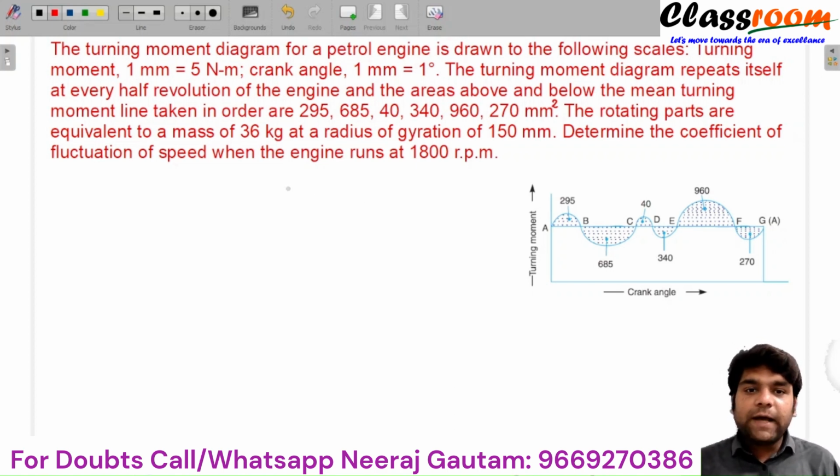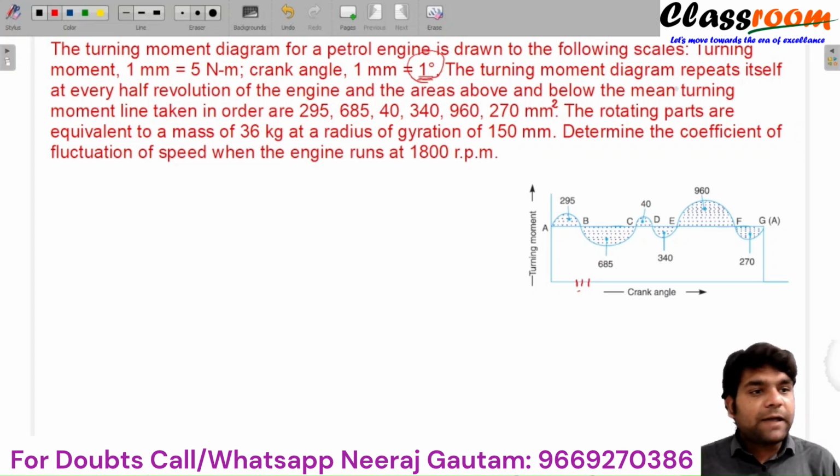The turning movement diagram for a petrol engine is drawn to the following scales. The turning movement scale is 1 mm equals 5 Newton meter, and the crank angle scale is such that when I move 1 mm on the crank angle axis, it is equivalent to a turning of 1 degree of crank revolution.